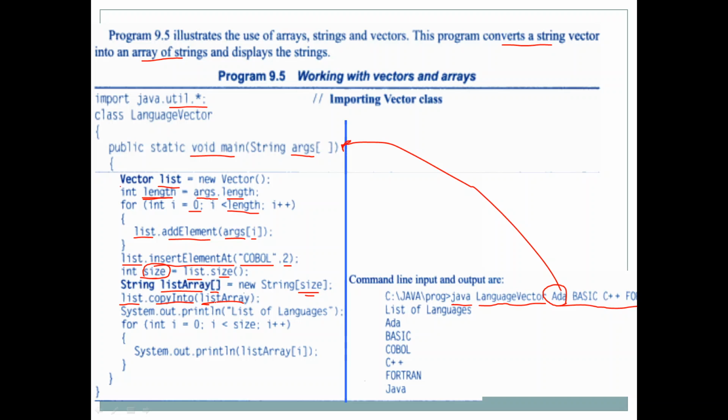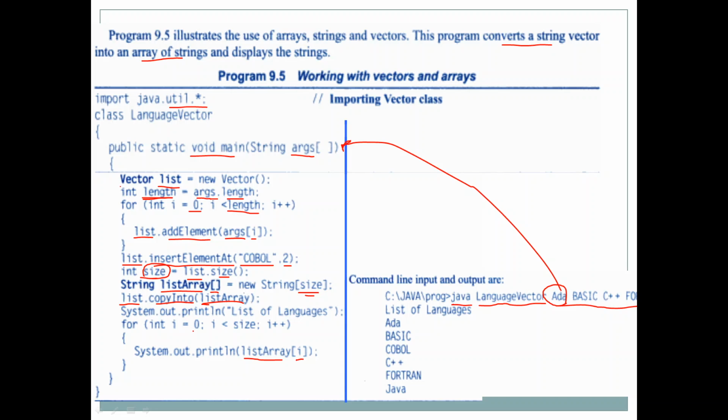So all the elements are now in the list array, and then we print it by using one more for loop. For int i equals 0, i less than size, i plus plus, System.out.println listArray of i. So all the elements from listArray one by one it will print.